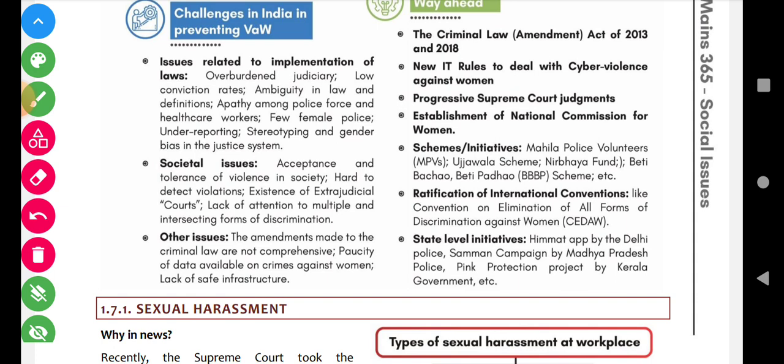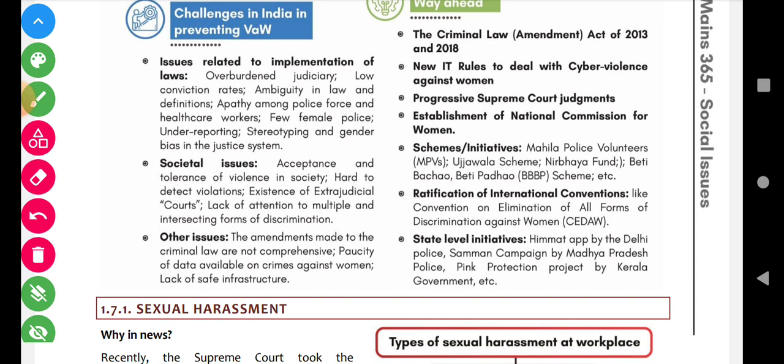Next are other issues: amendments made to the criminal law are not comprehensive, paucity of data available on crimes against women, and lack of safe infrastructure. So these are the main challenges in India to prevent violence against women.